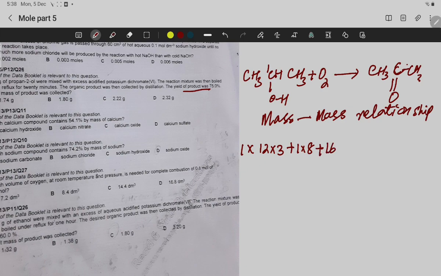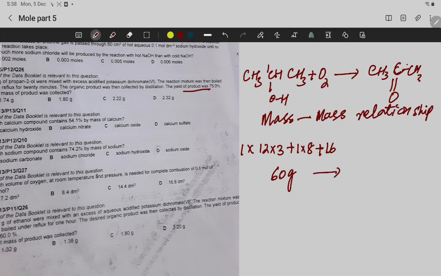So 36 plus 8 plus 16, this is 60 gram of propane-2-ol.